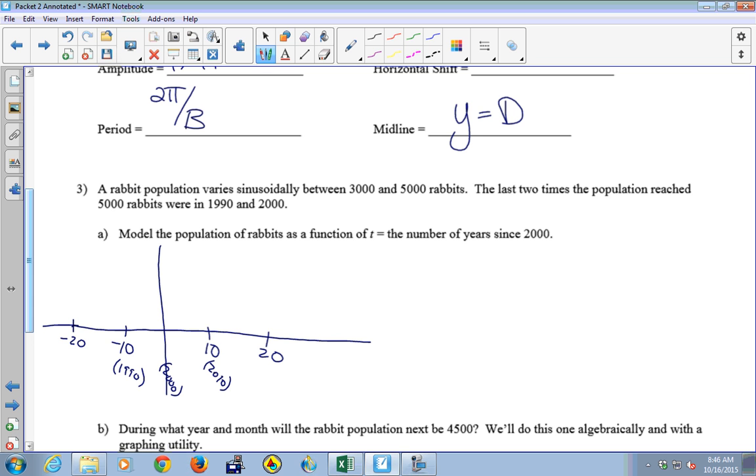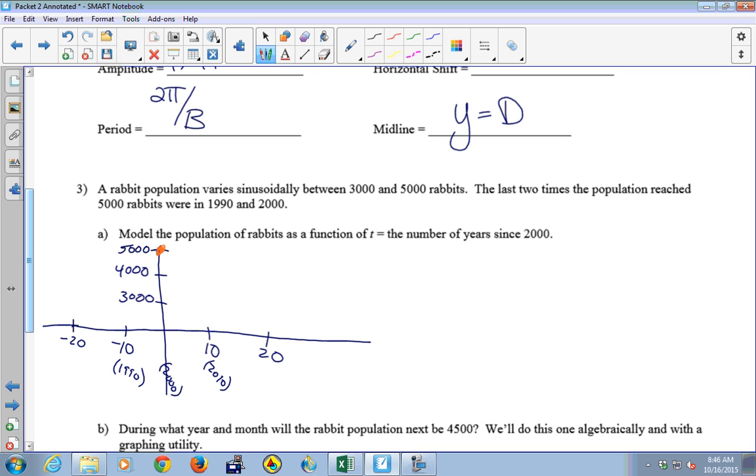So it varies between 3,000 and 5,000 rabbits. I'm going to put a 5,000 on the y-axis and a 3,000. Halfway between those two would be 4,000. And it was at 5,000 rabbits in 1990 and again in 2000. So I could change the color for the actual graph. 5,000 in 1990, 5,000 in 2010.